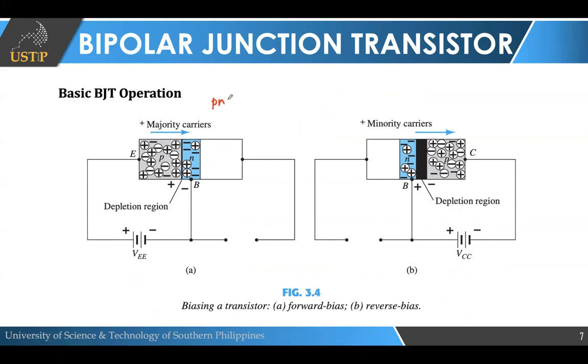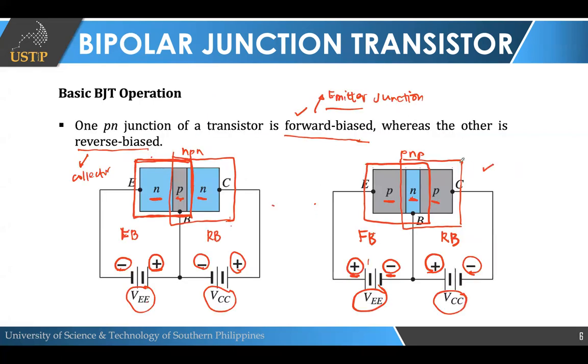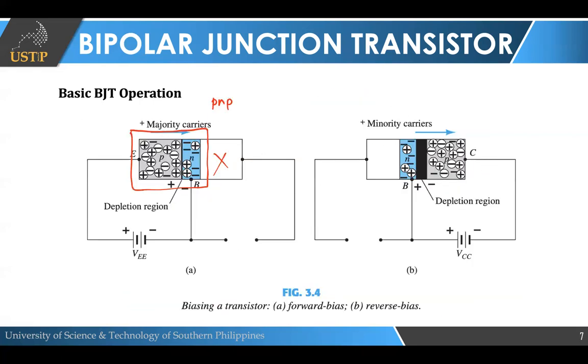For the NPN, the flow of current is reversed. Let's isolate it and consider one junction, the emitter junction, in the PNP. In the emitter junction, the majority carriers in the P, of course, are holes, the positives here. And the majority carriers in the N are electrons.